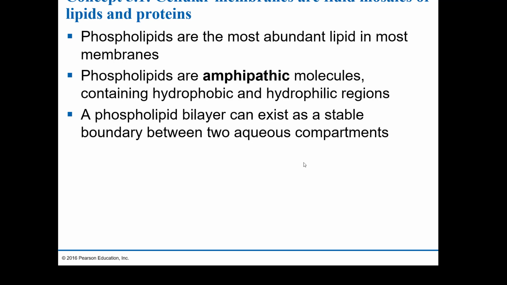And remember, that's how it makes the two tails want to pop in and touch one another or get close to one another. And so we get this phospholipid bilayer. And that's one of the reasons, because there are parts of it that are hydrophobic, that the phospholipid bilayer makes it selectively permeable. Sorry.